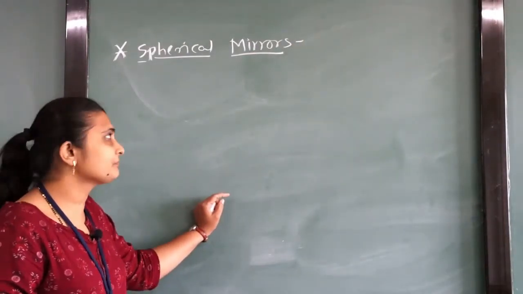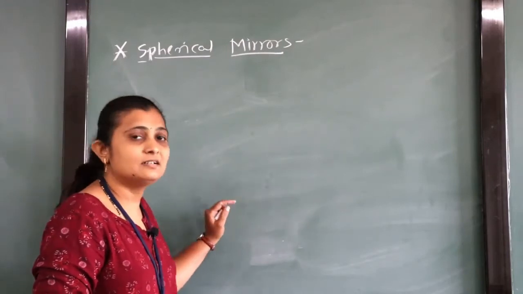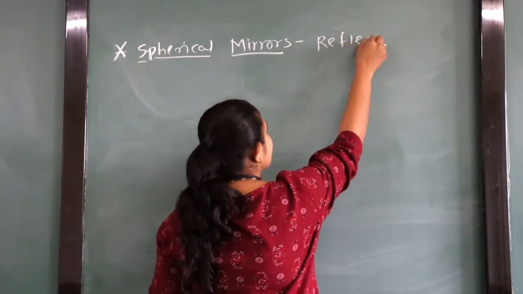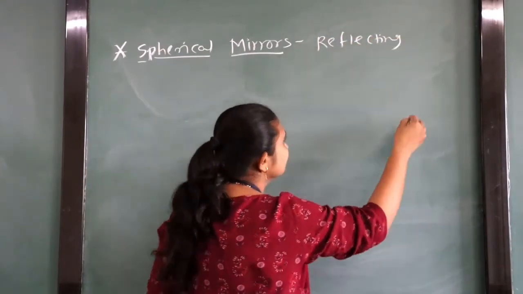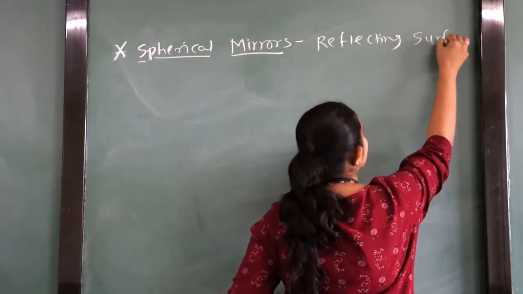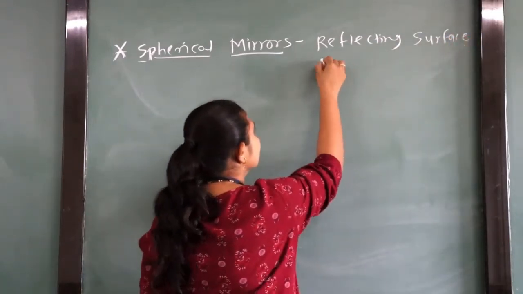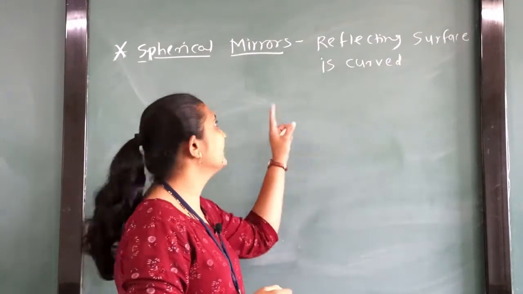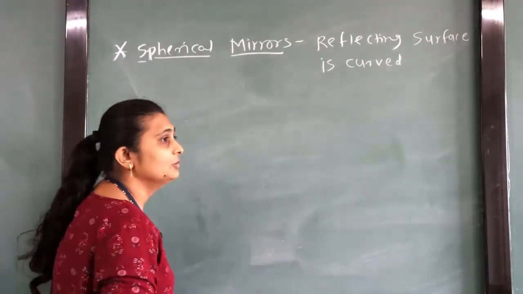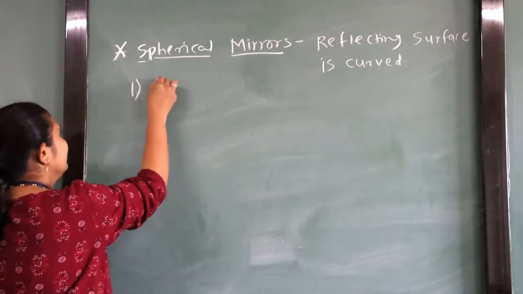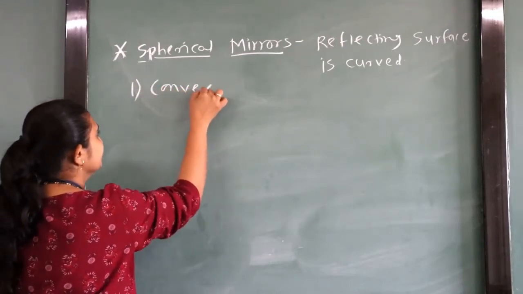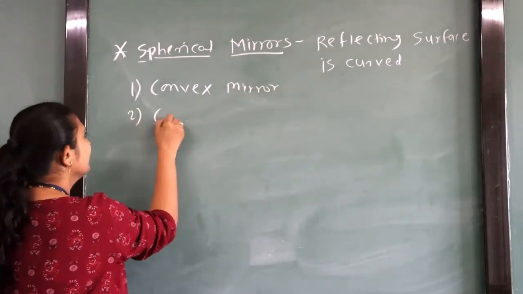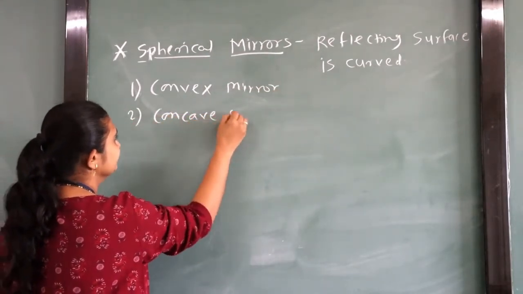Mirrors whose reflecting surface is curved are called spherical mirrors. Two types of spherical mirror are there. One is the convex mirror, the other is the concave mirror.